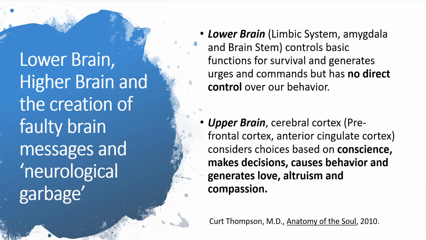The upper brain, on the other hand, the prefrontal cortex, another structure there called the anterior cingulate cortex, is the area which makes choices based on conscience, based on judgment, making decisions. It causes behavior, generates compassion. So the upper brain is much more identified with who we really are as a person.